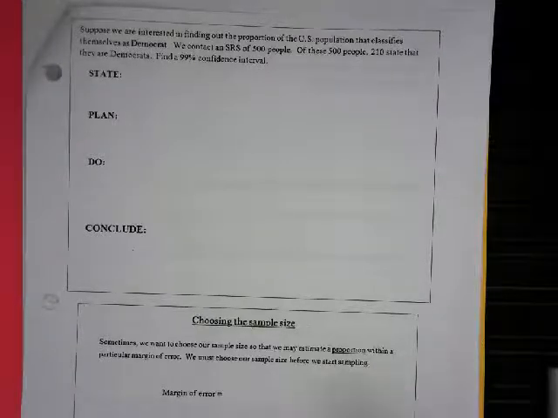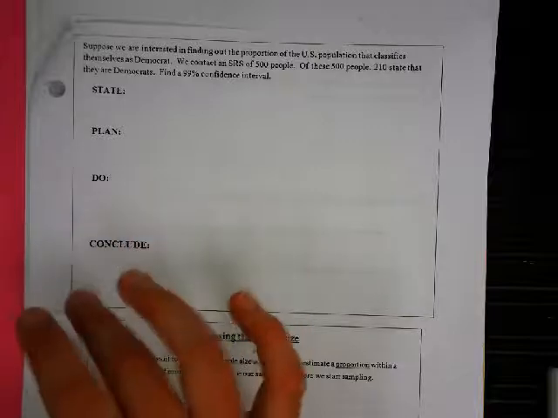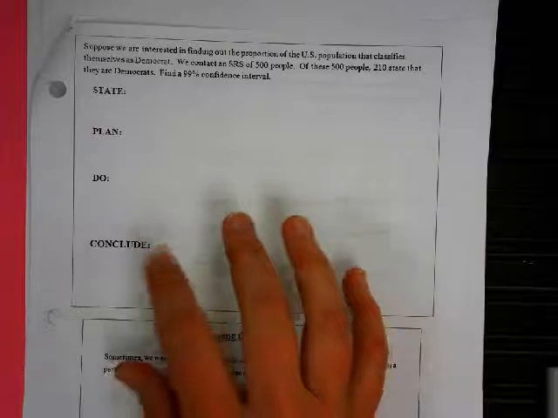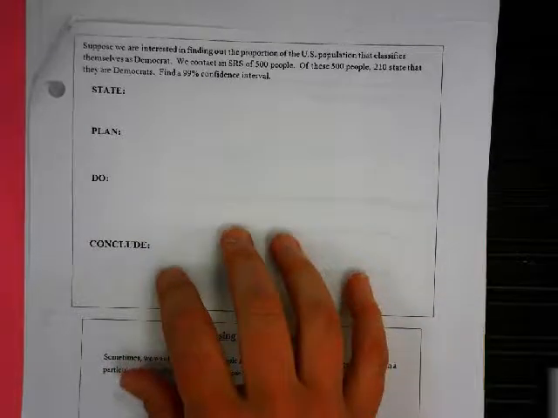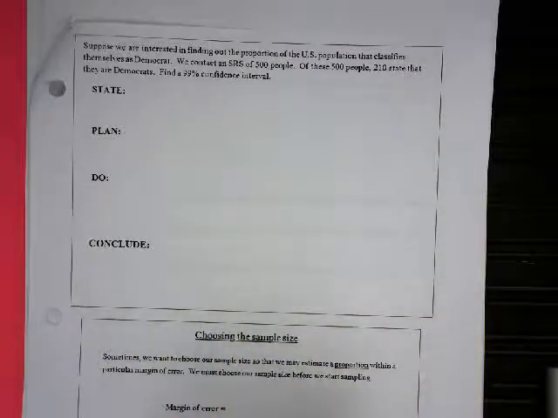You guys are going to do your first four-step problem. State, plan, do, conclude. The situation is that we're interested in finding out the proportion of the U.S. population that classifies themselves as Democrats.